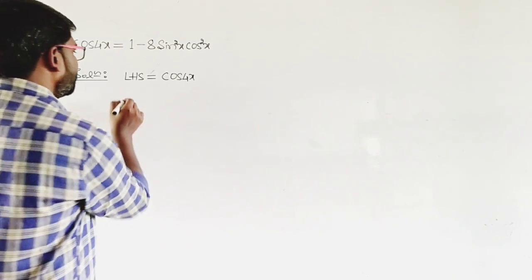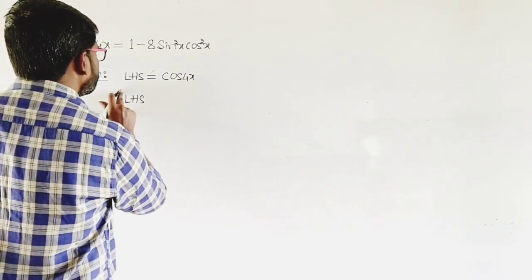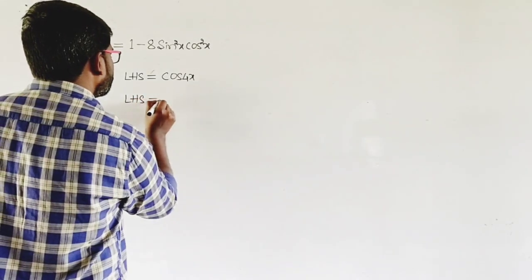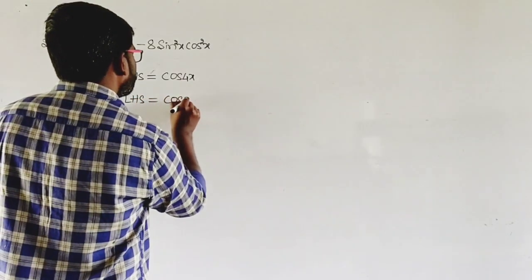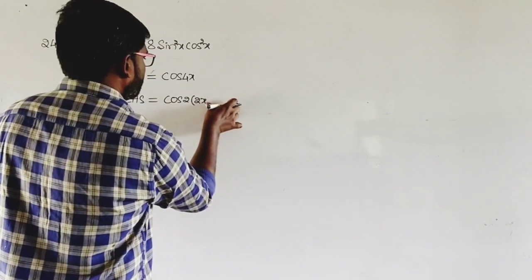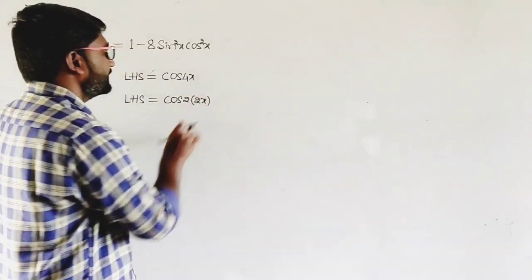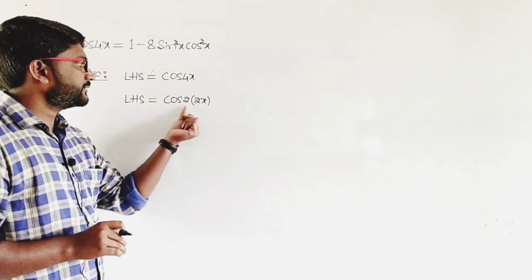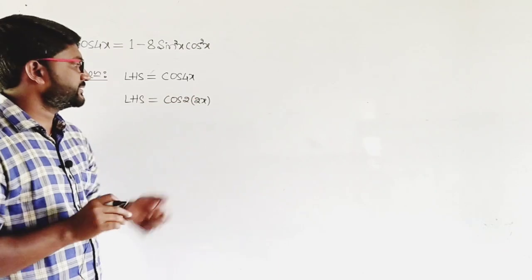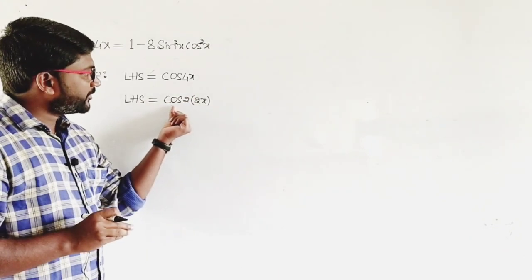Now in the next step, this 4x can be written as cos 2 into 2x. Now it is in the form of cos 2x, here x means 2x, or take what is inside the bracket to be a. It is in the form of cos 2a.